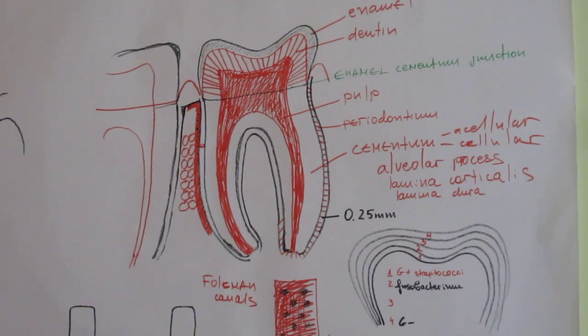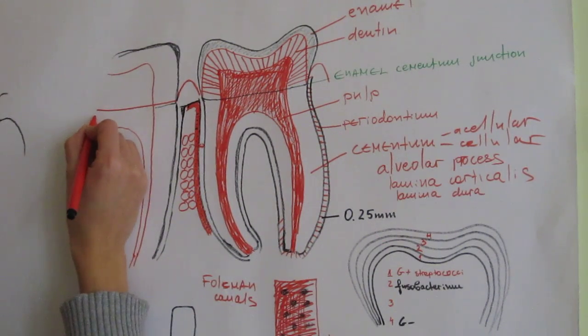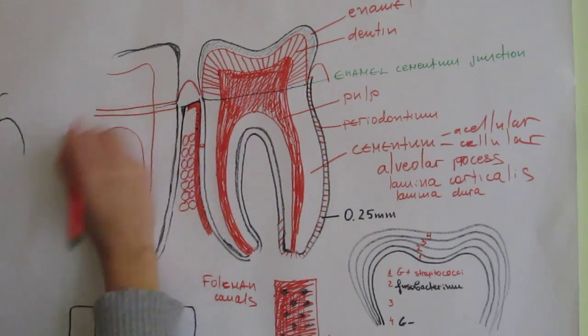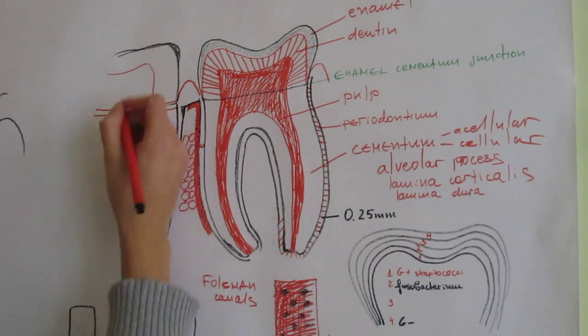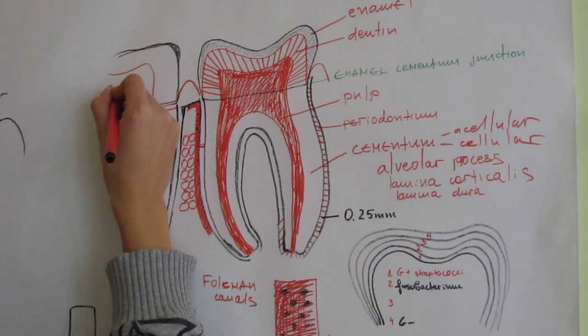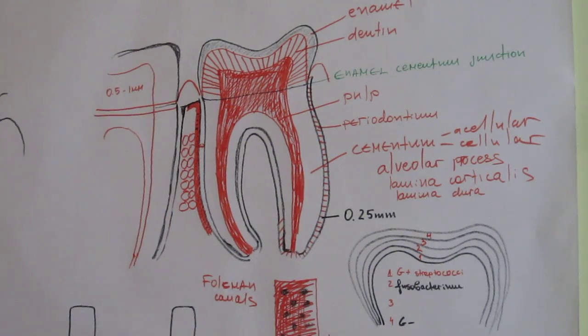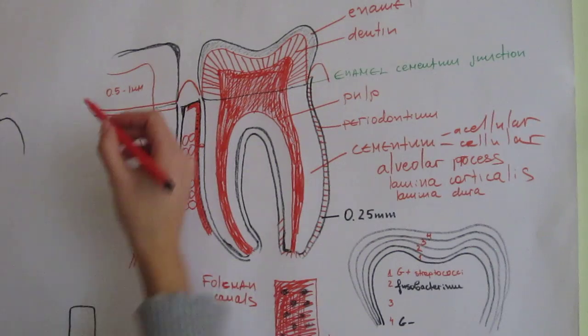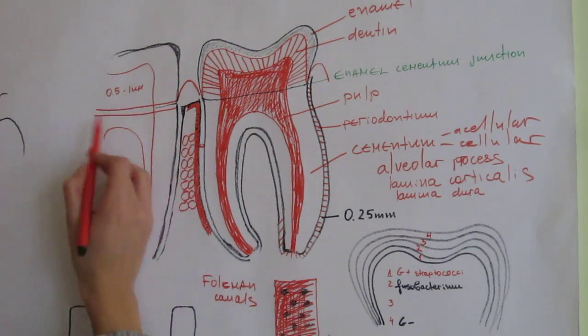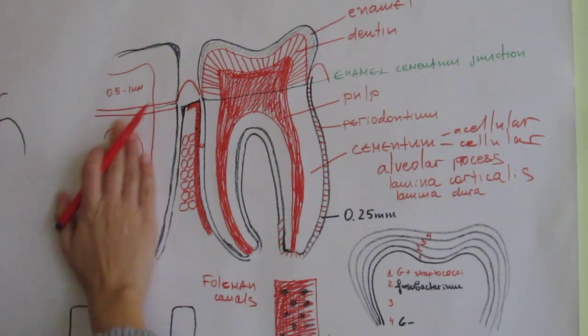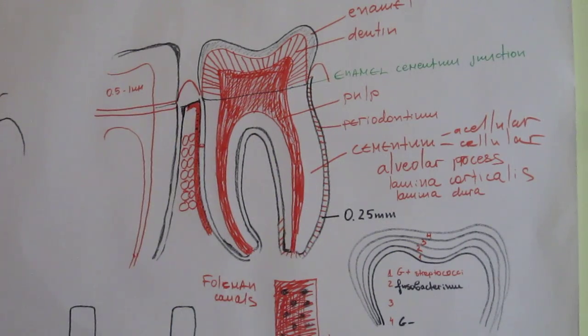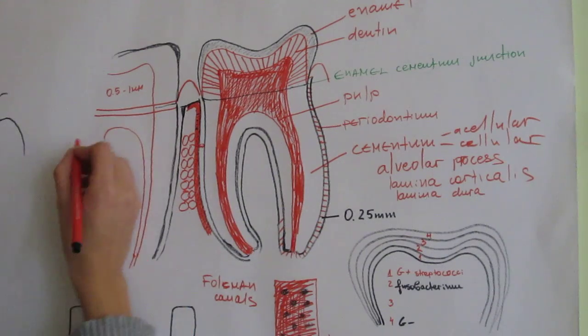The free gingival margin here is deep about 0.5 to 1 millimeter. Then we have attached gingiva, situated above the cortical bone, above the vestibular bone, and it's called attached gingiva.